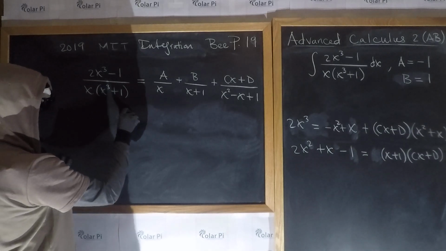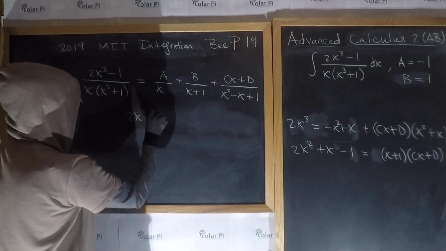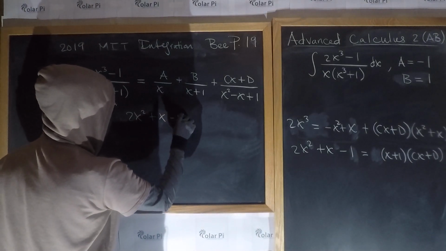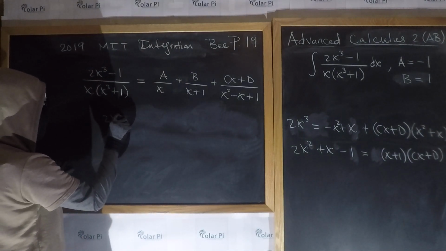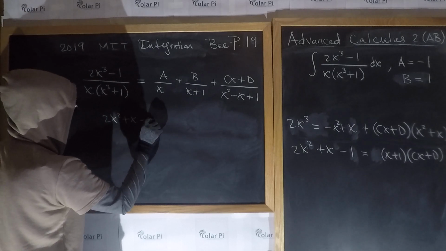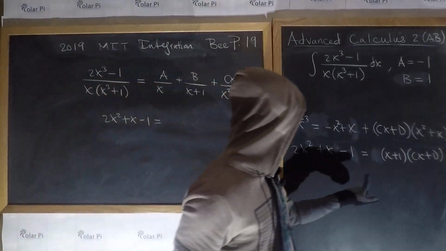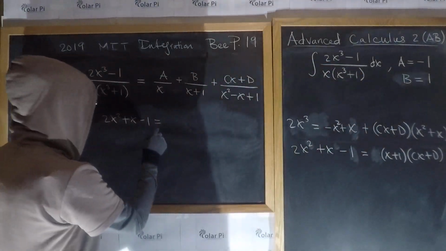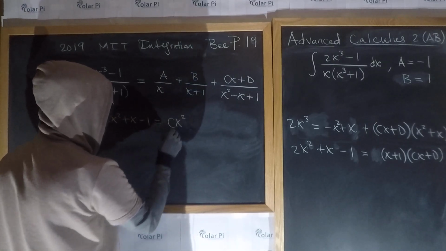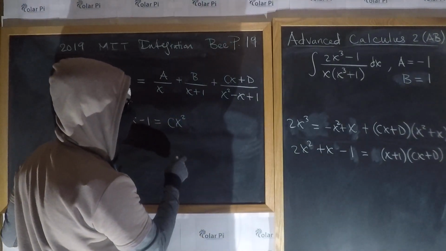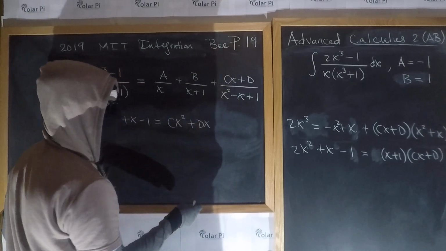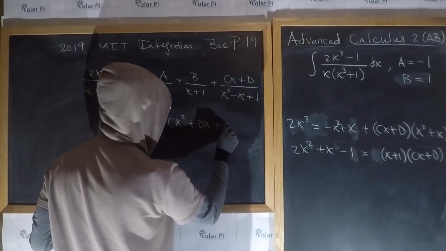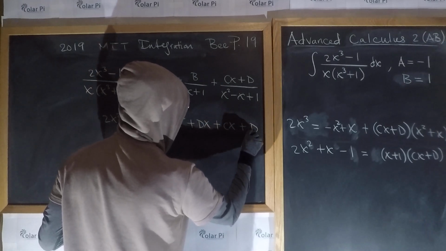So we have 2x squared plus x minus 1 is equal to, if we FOIL here, we get cx squared, and then plus dx, and then plus cx, and then plus d.